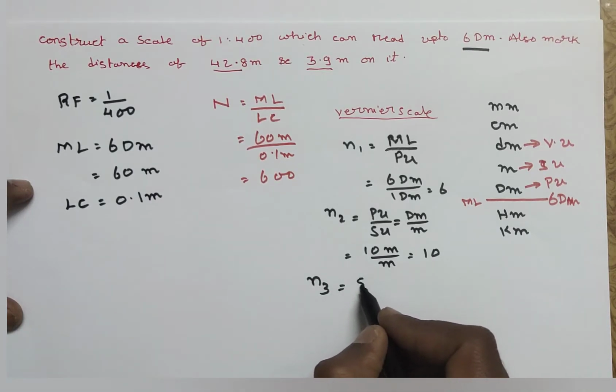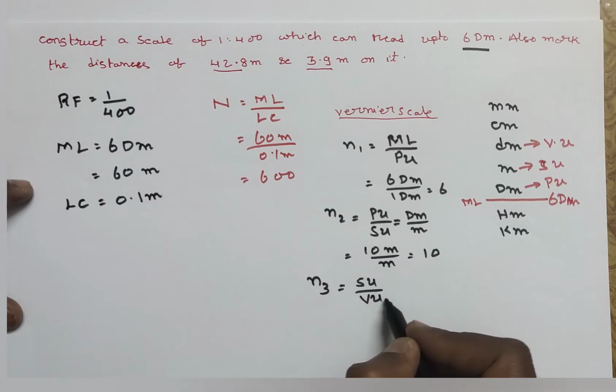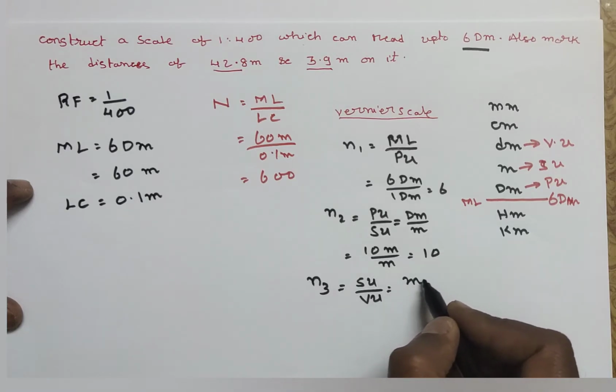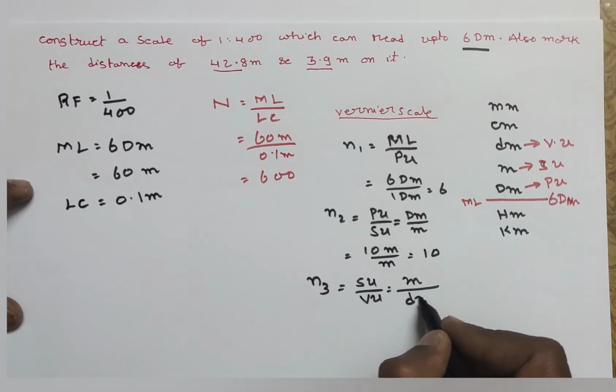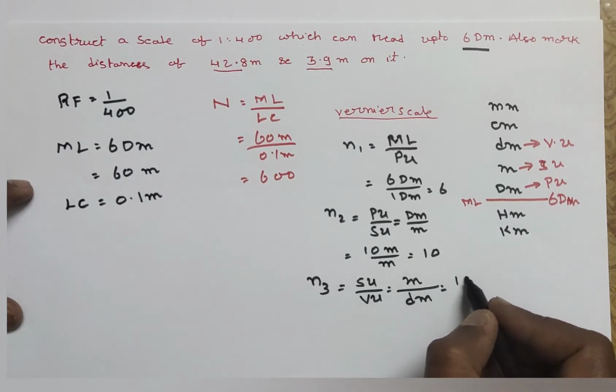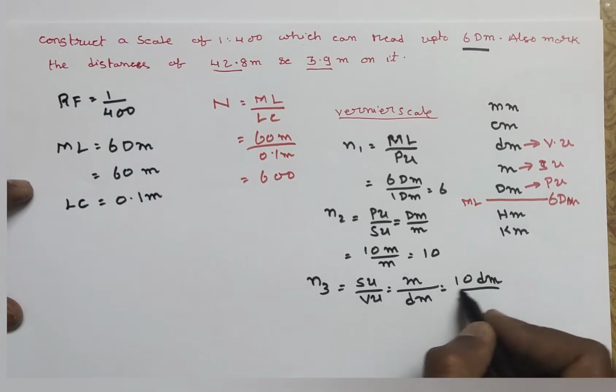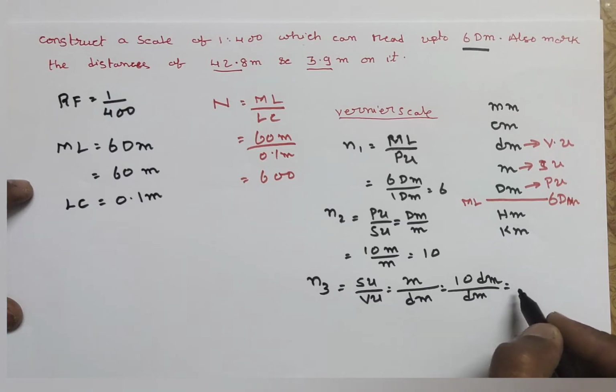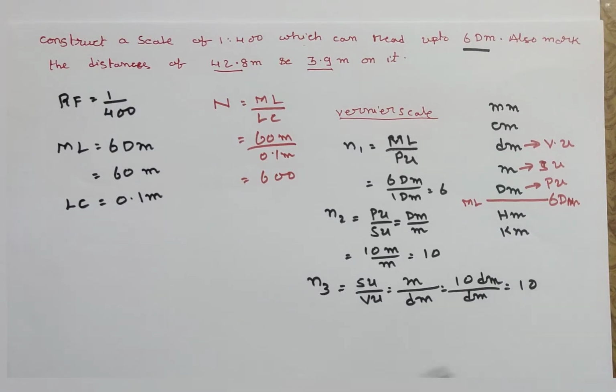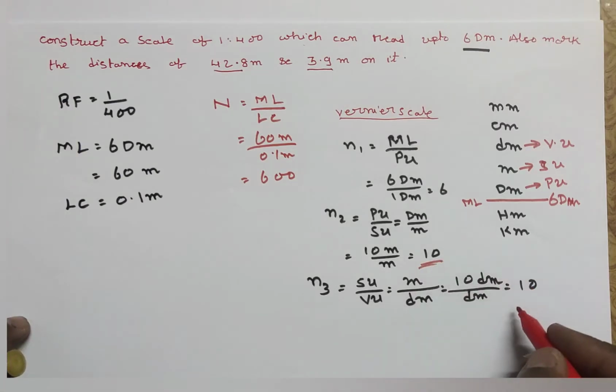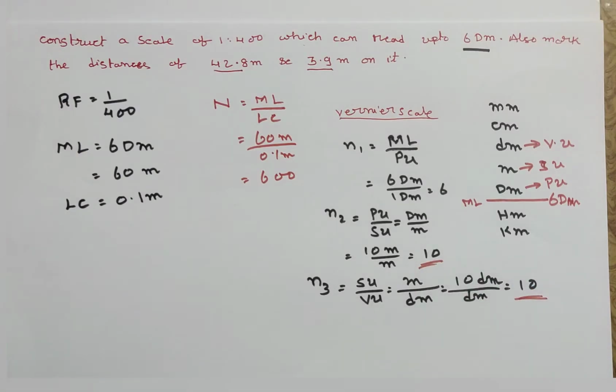N3 is equal to secondary unit divided by Vernier unit. Secondary unit is meter divided by Vernier unit decimeter. We know 1 meter is equal to 10 decimeters, divided by decimeter, we get 10. Fortunately, if we observe, N2 is equal to N3. Therefore there is no need to struggle a lot for this.